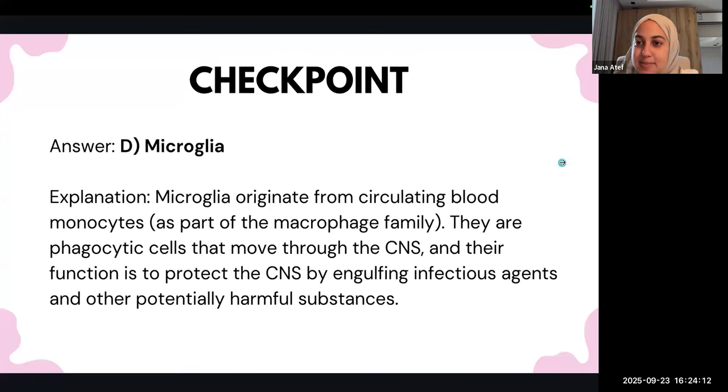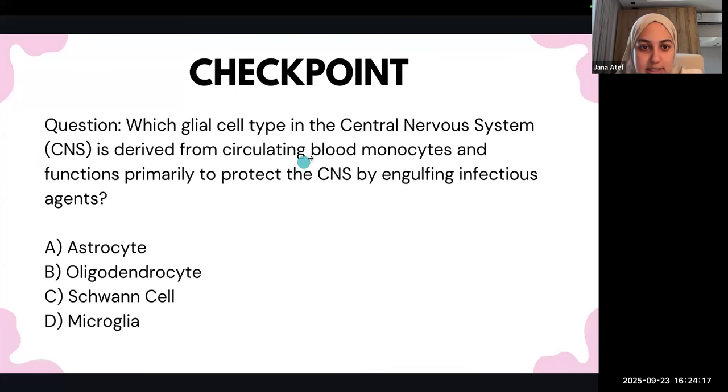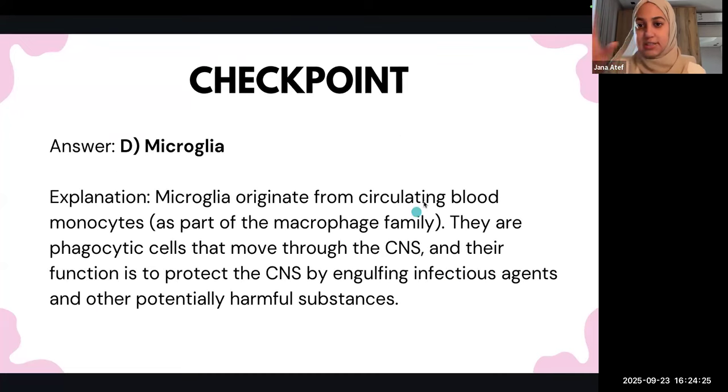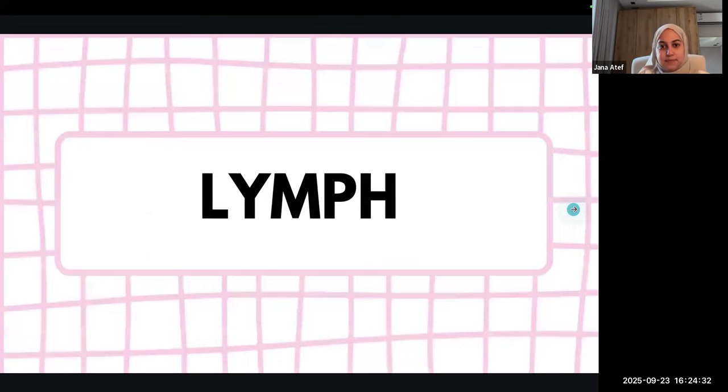Yes, it's a microglia. Like we said, it's derived from macrophages. And according to this, whoever said that it's derived from the monocytes, it's correct. Microglia are from the circulating blood monocytes, which are the macrophages. They're the ones that protect it, phagocytosis, all of that. This is the microglia.